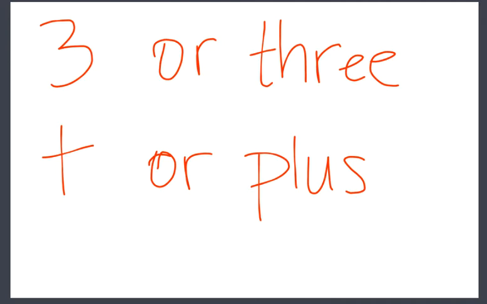Sometimes numbers are written as words, such as three, and sometimes they are written just as the number. And sometimes symbols are written out just as the symbol, and sometimes they are written out as the word.